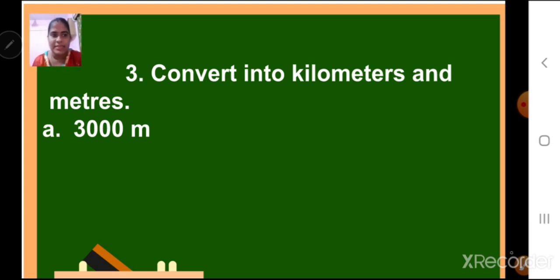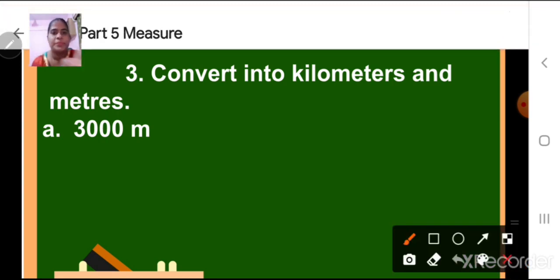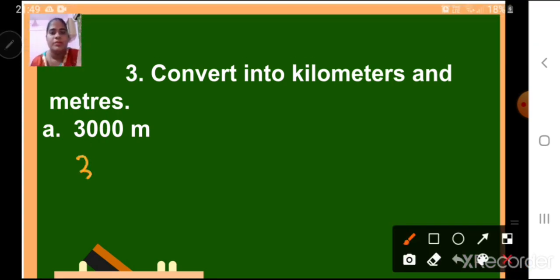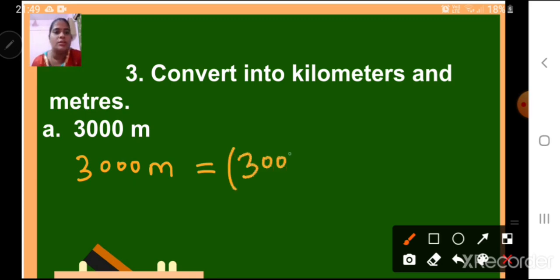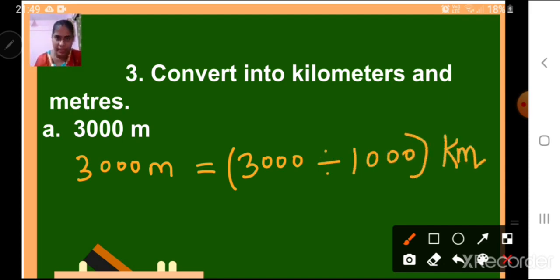So let us start. 3000 meter is equal to, okay, we have to divide the number by 1000. So it is 3000 divided by 1000. Answer will be in kilometer. Correct? So children, we can use cancellation method also.